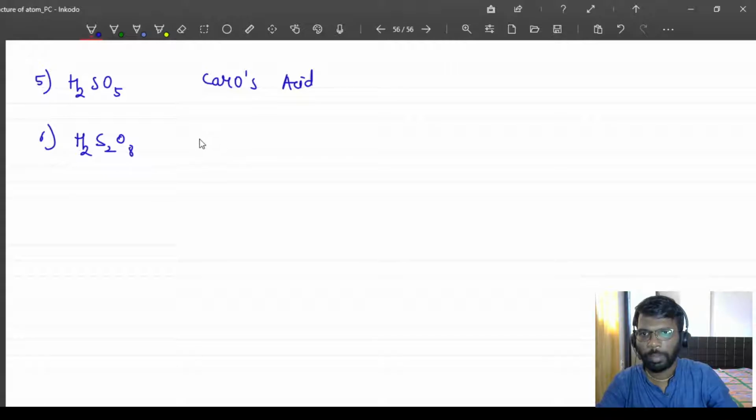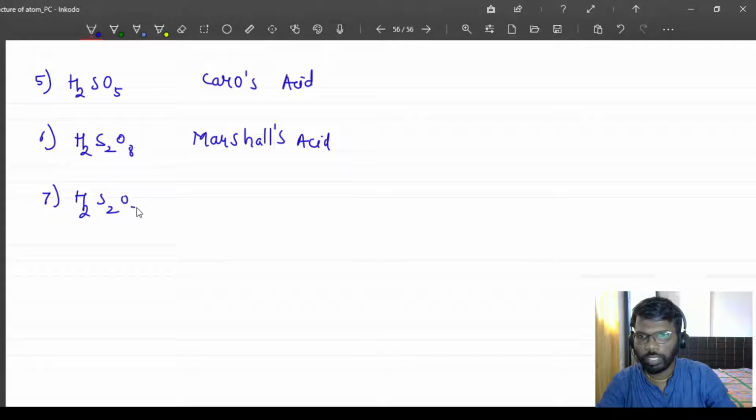This is Marshall's acid. Then seventh one is H2S2O7. Right? This is also known as oleum.